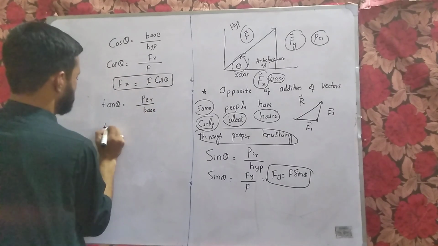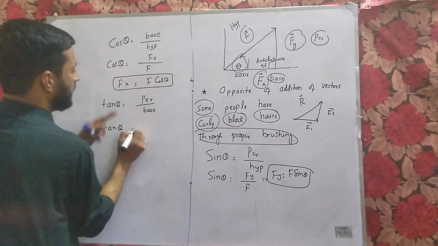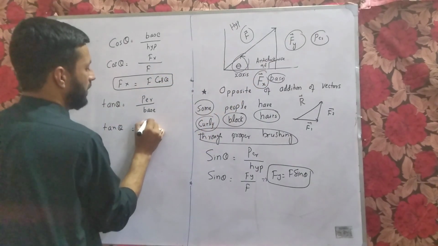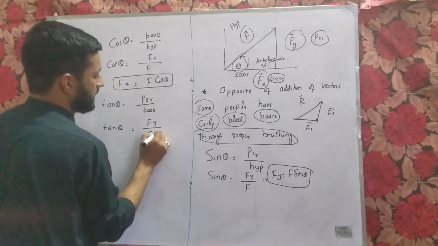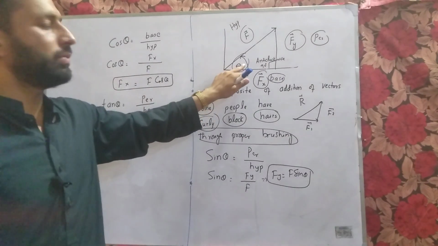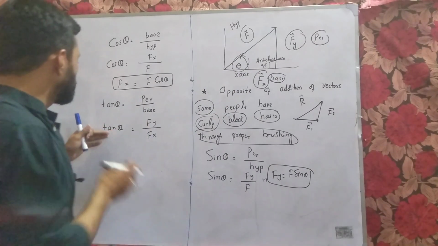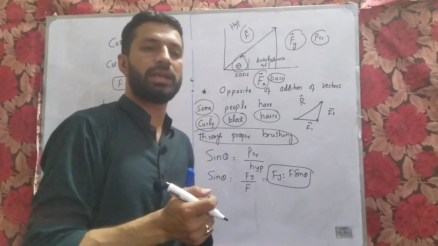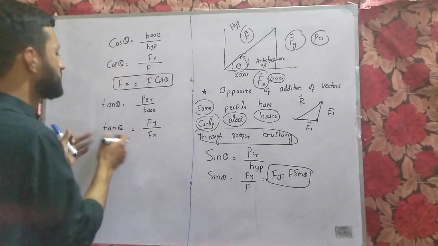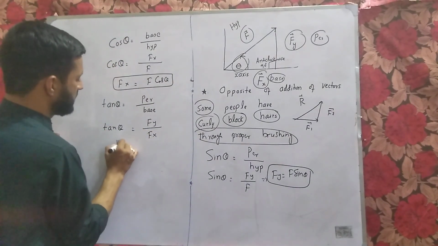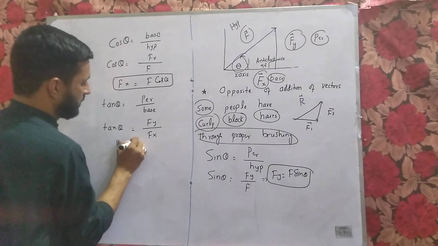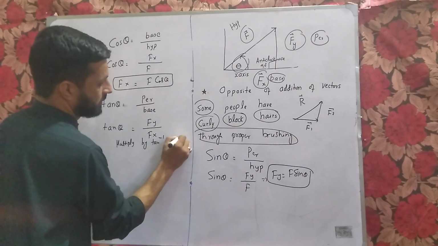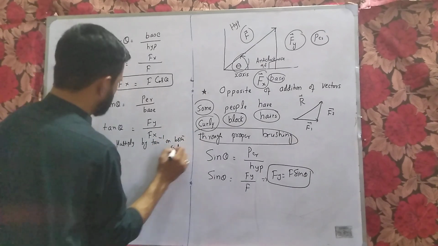Tangent theta is equal to perpendicular divided by base. In this triangle the perpendicular is fy and the base is fx. But here we need theta, so we shift the tangent from the left-hand side to the right-hand side, or we multiply by tangent inverse on both sides.